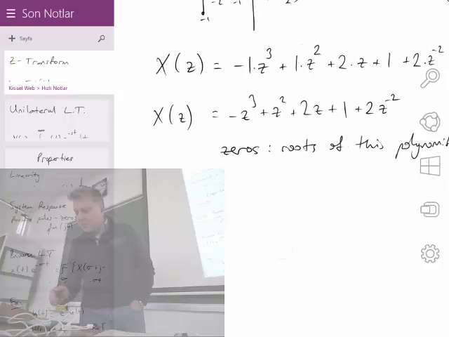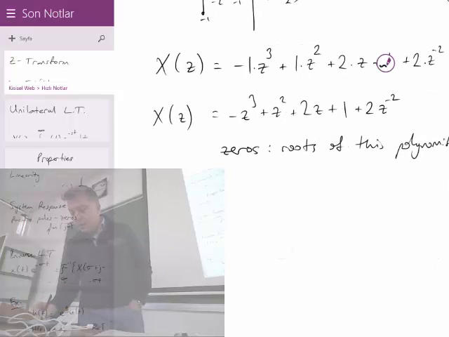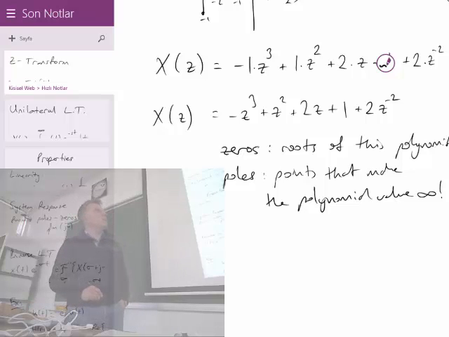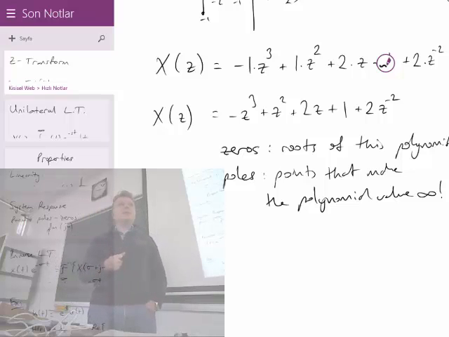Zeros, poles will be points that make the polynomial value infinity. So what is the z value which makes this polynomial infinity? Zero, exactly. There is a pole at z is equal to 0.